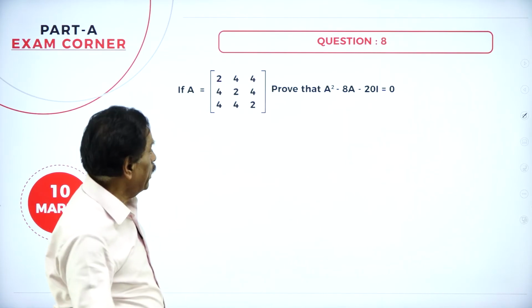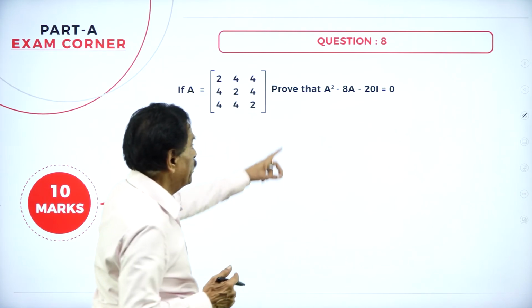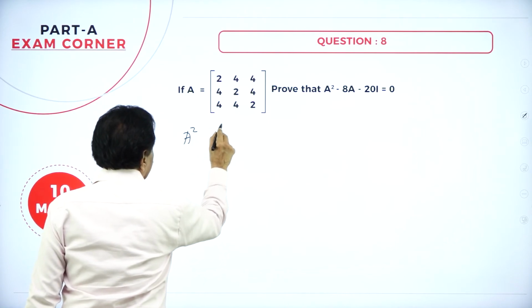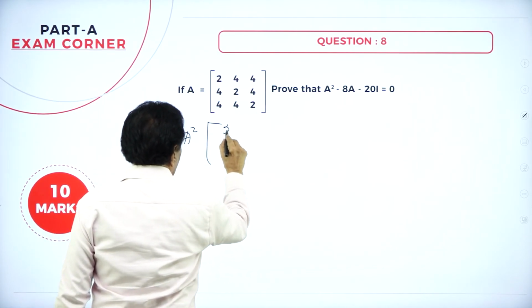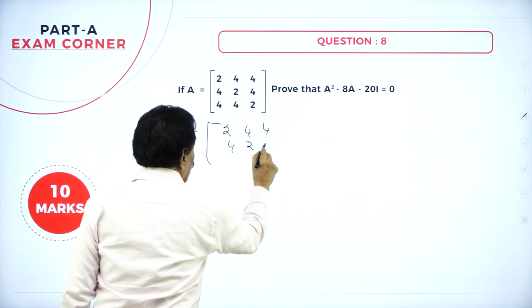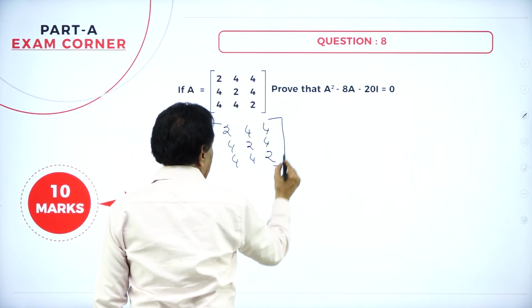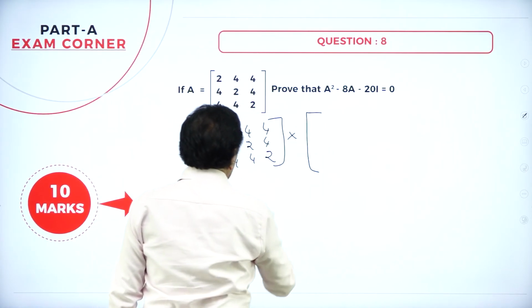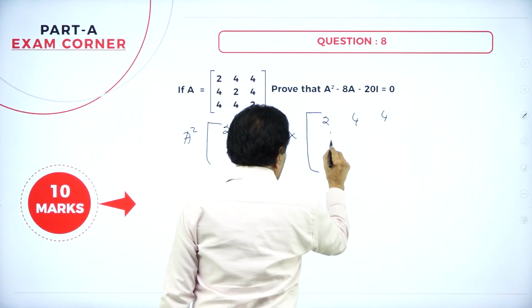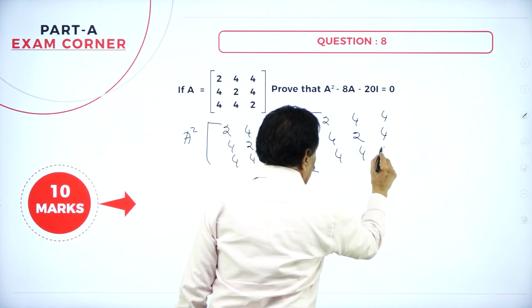So, A square minus 8A minus 20 I, where I is called the identity matrix. First is the A square. 2, 4, 4, 4, 2, 4, 4, 4, 2 multiplied by 2, 4, 4, 4, 2, 4, 4, 4, 2.